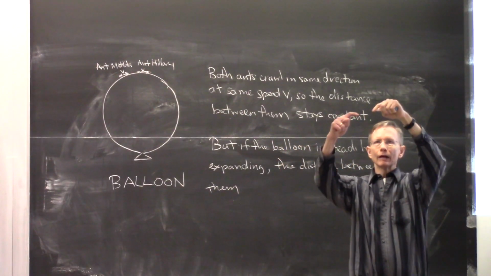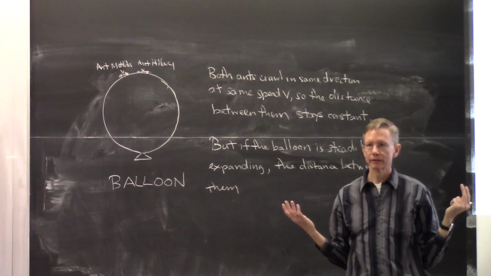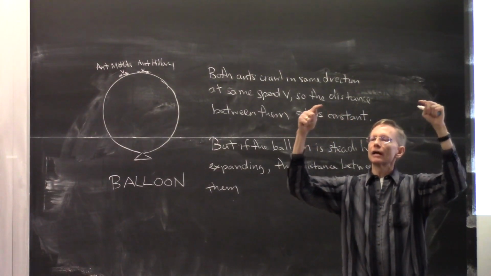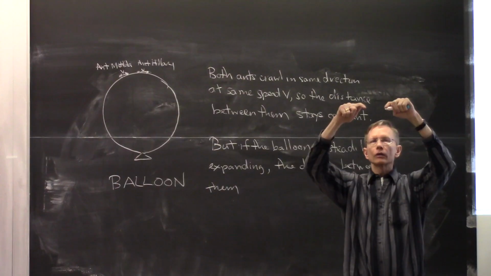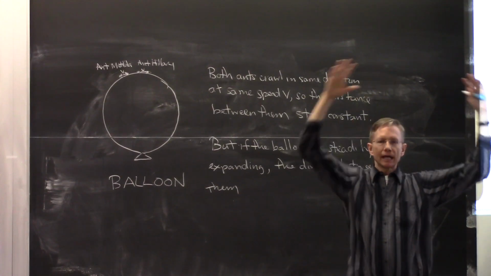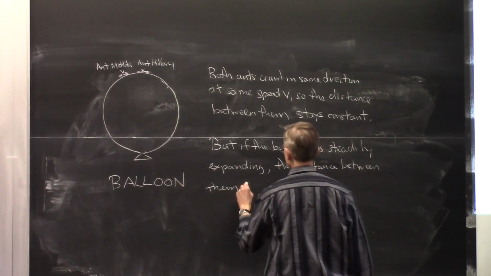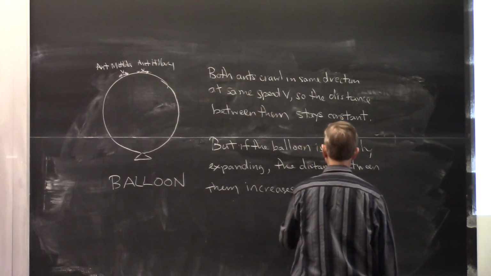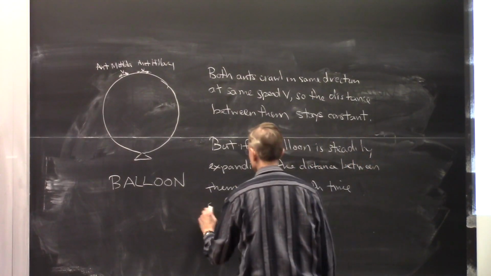If the balloon is blowing up at the same time they're both crawling along at speed v, are they staying a constant distance apart? No. They're getting further apart because the rubber in between them is stretching out. As you blow up the balloon, the rubber is stretching. So even though they're both moving along the balloon surface at the same speed, the balloon itself is getting bigger and bigger, and so the ants are being carried apart because of that. The distance between them increases with time, since the rubber between them is stretching.